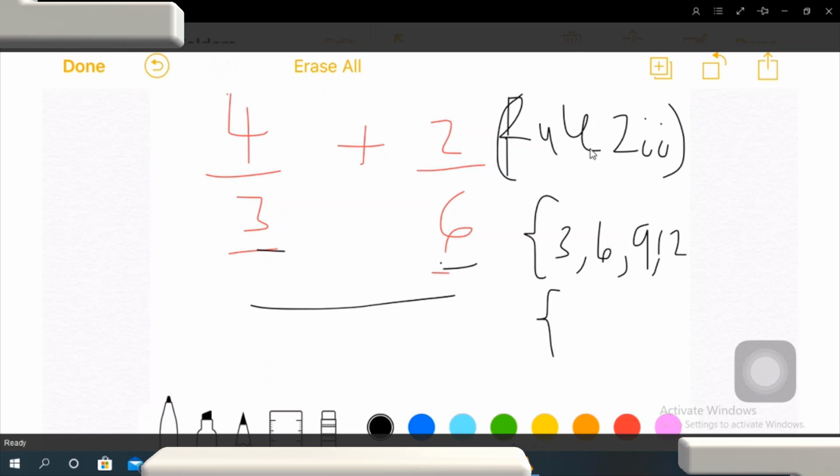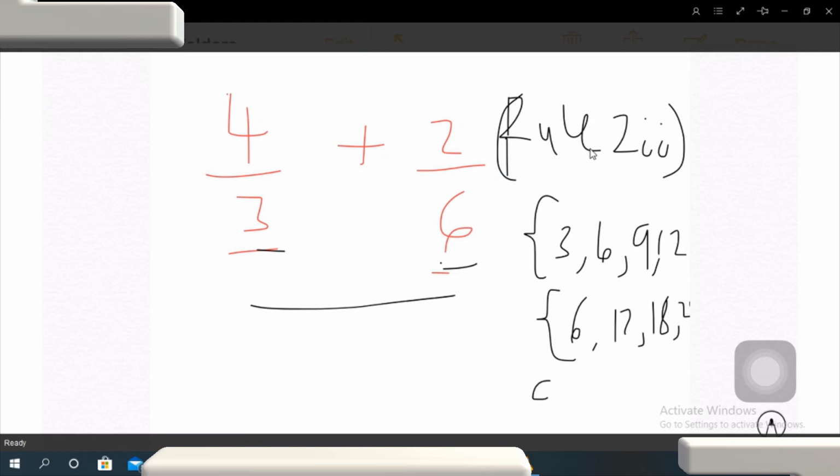Multiples of 6 are 6, 12, 18, 24, and so on. So now what is common here? What are the common multiples? We have 6. We have 12, and so on.